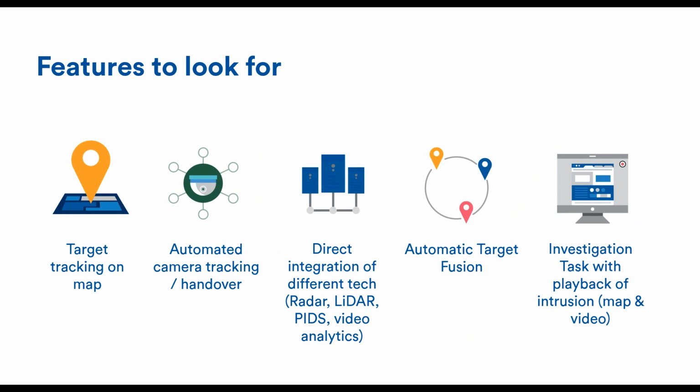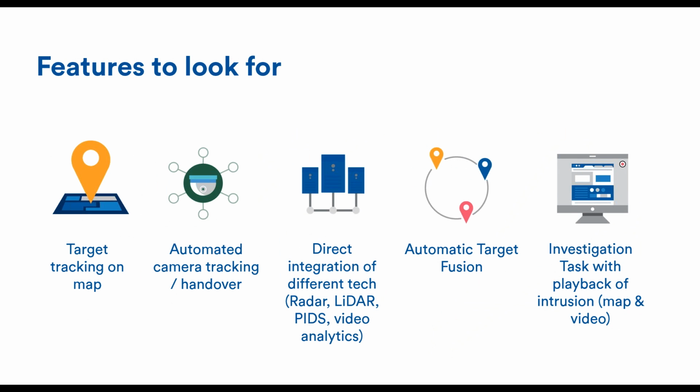So what we see people expect today naturally from any intrusion system is first the ability to track targets or intrusion points on a map, right? Because that's the first and the best way for you to know where things are happening or possibly going wrong. The second thing which everyone expects is that if an intrusion is detected, the corresponding camera is going to be displayed seamlessly and automatically.